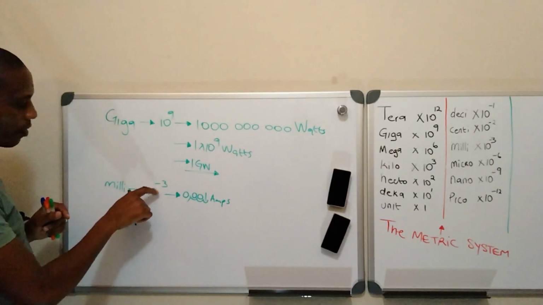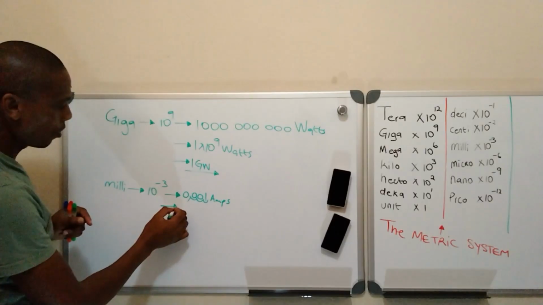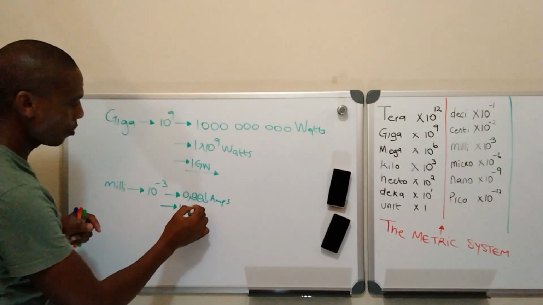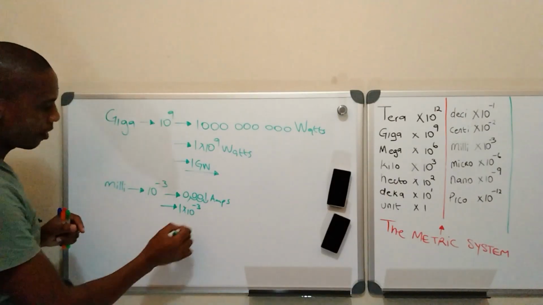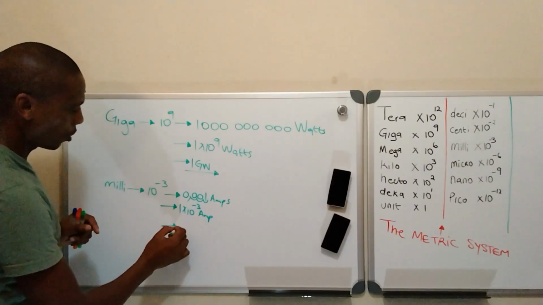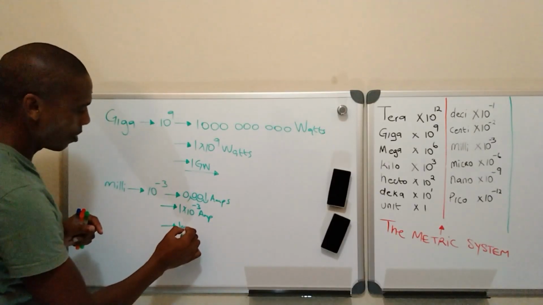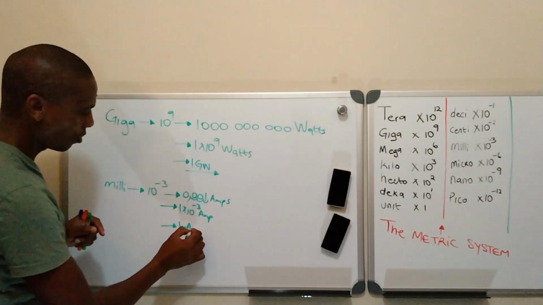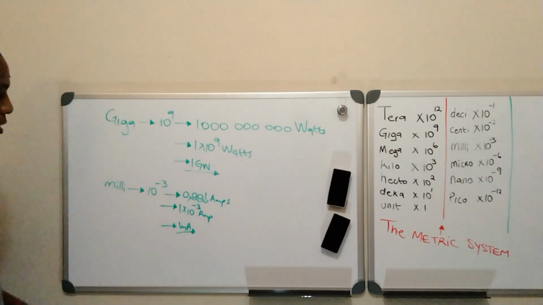So we're going to write it as 1 multiplied by 10 to the power minus 3 amps, or we can make it smaller by writing 1 milliamp. You can just take an A. It's an international standard.